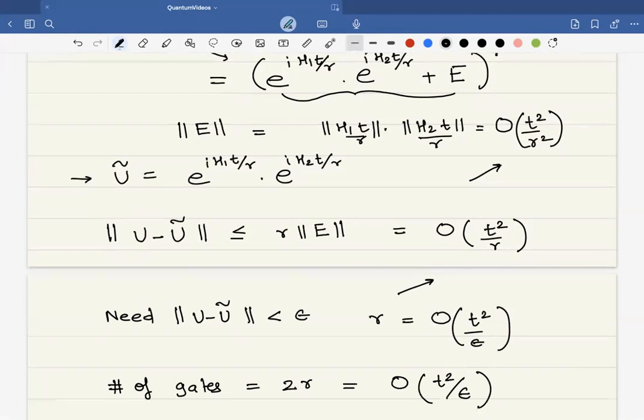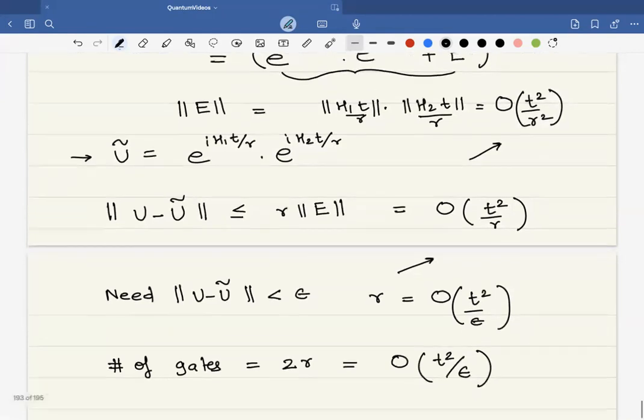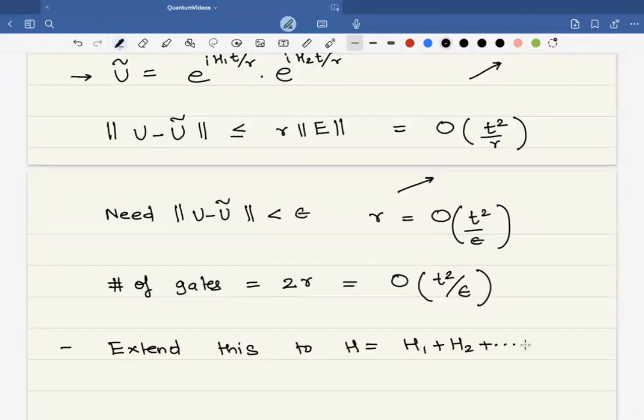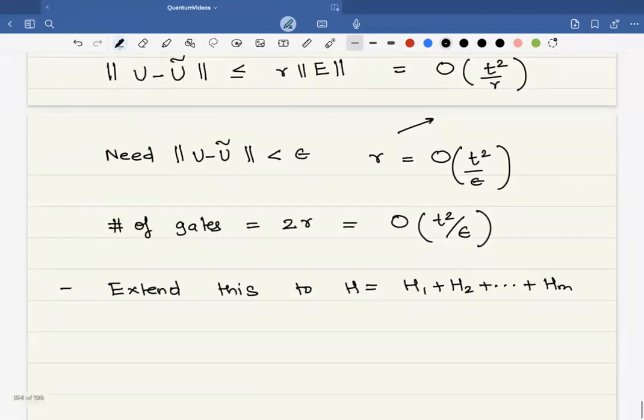Right, now one can extend this idea to H, instead of just two local Hamiltonians, consisting of m local Hamiltonians, where each of these Hamiltonians is acting on two qubits.